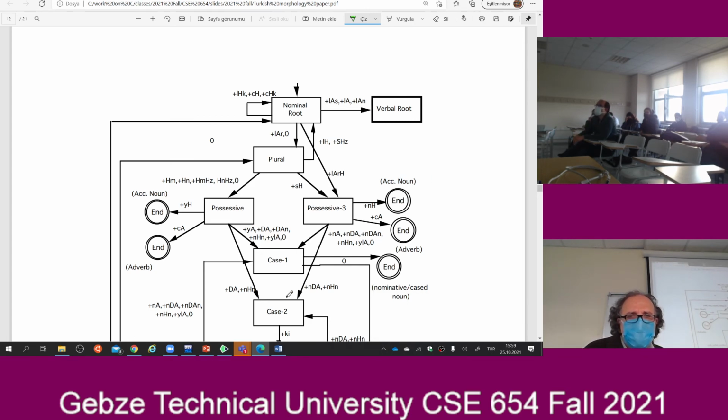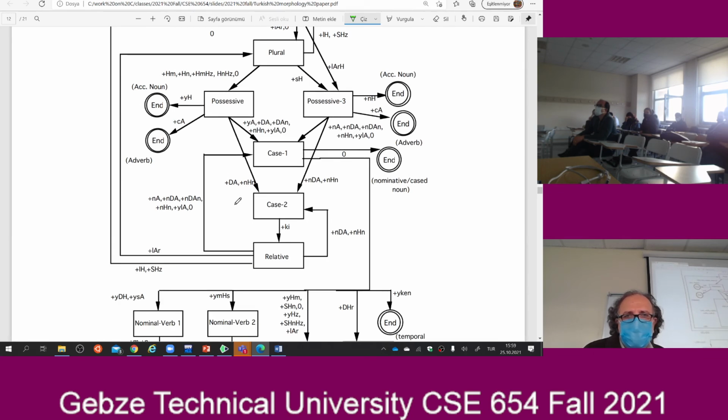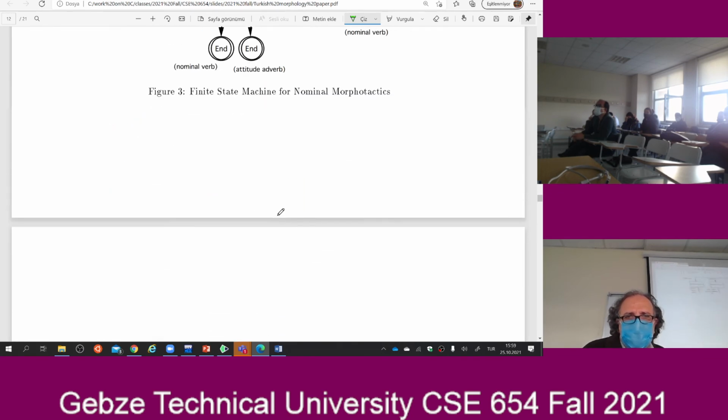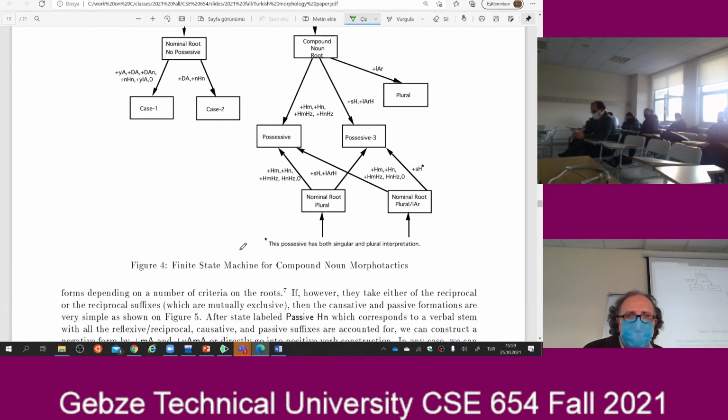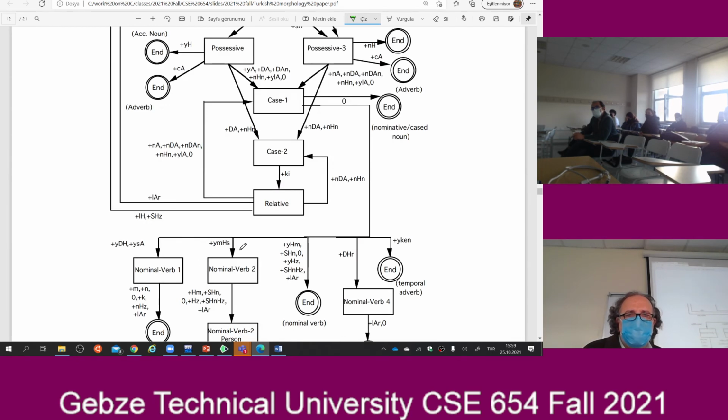Okay, so this case 1, case 2, case 3 stuff, they will have to explain it later. So this is not exactly finished because this is all repeating here. They took it out and put it in a different place.